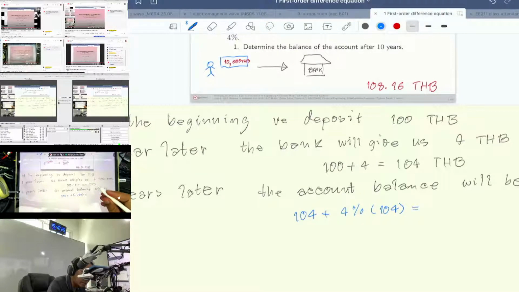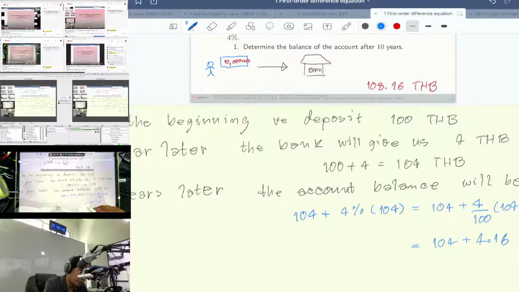It means 104 plus 4 by 100 times 104, right? And what is that? It means here we have 104 plus 4.16, right? It's going to be 108.16. So it's correct. THB, Thai baht.